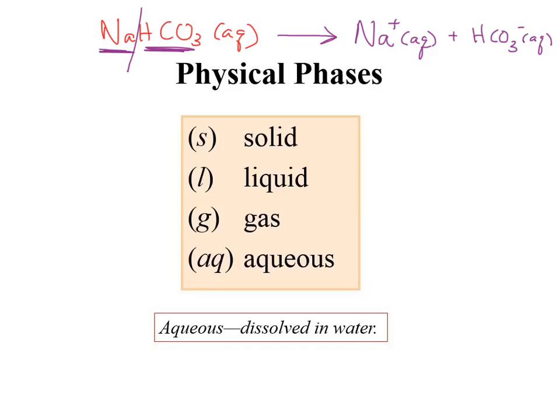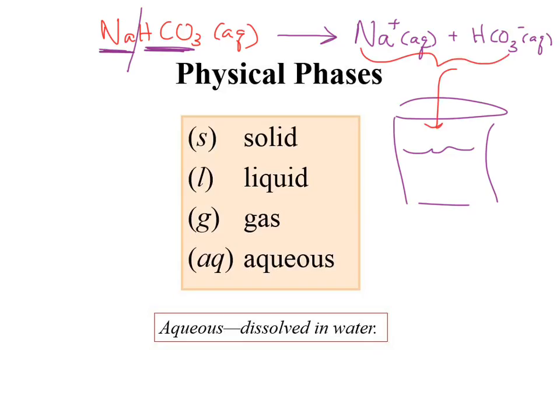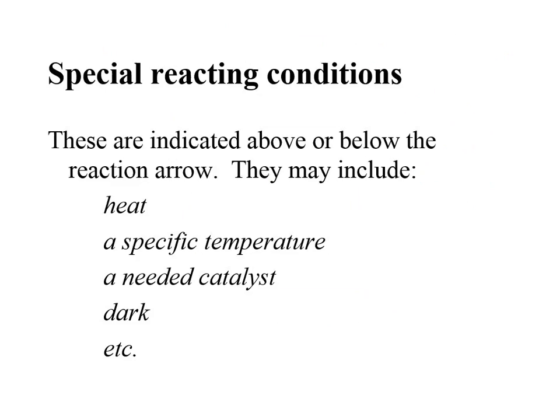So all AQ means is, if this is my beaker, here's my water, I basically have these things running around happily in there. Na plus and HCO3 minus. That's it. Okay. So I put electricity over the reaction arrow. Other things that might go over the reaction arrow is just heat in general.